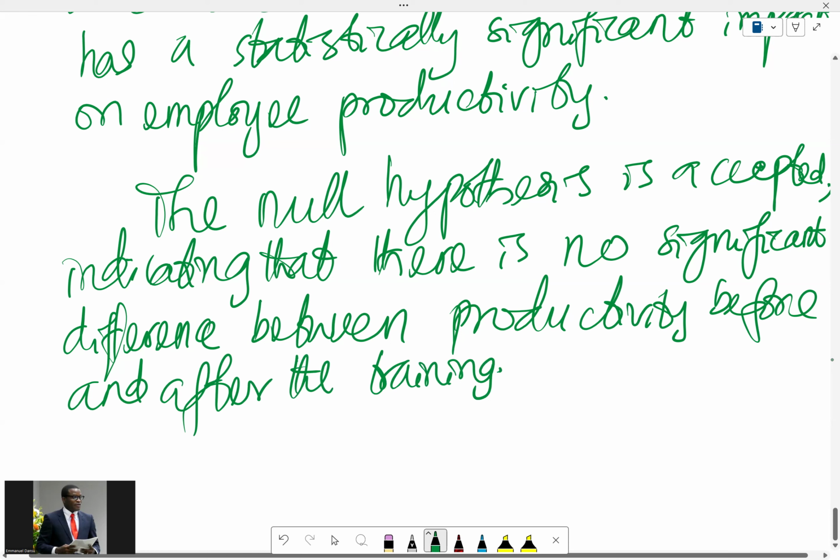If you are in management, you can then say there's no point wasting your money on this kind of training since it doesn't have any serious impact on employee productivity. So that's how this can lead to decision making.